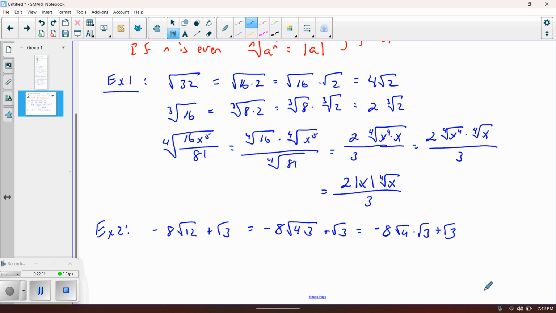And of course, that square root of 4 is 2. So that 2 times the negative 8 will give you negative 16 times the square root of 3 plus the square root of 3. And now what we have are like terms. I've got negative 16 square roots of 3 plus 1 square root of 3. So really what that leaves us with is negative 15 square roots of 3.